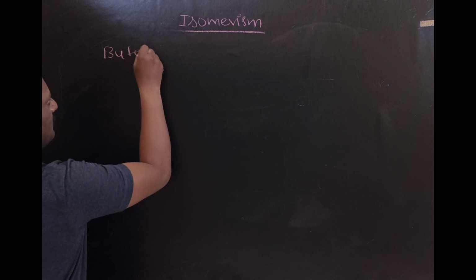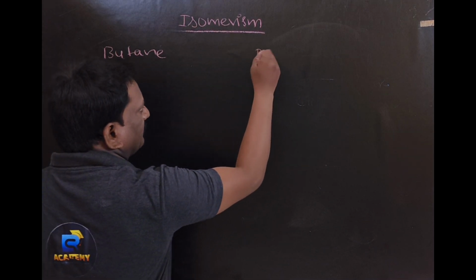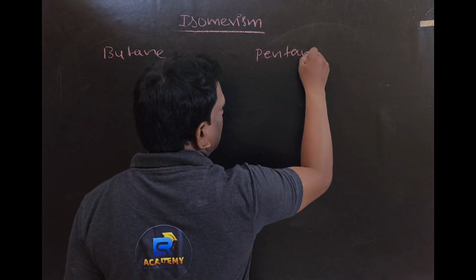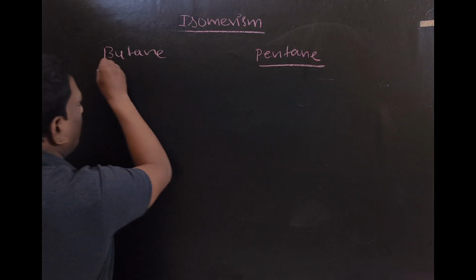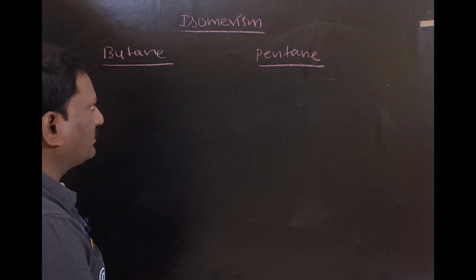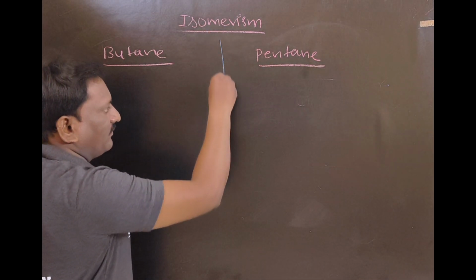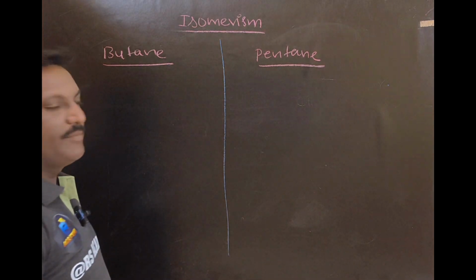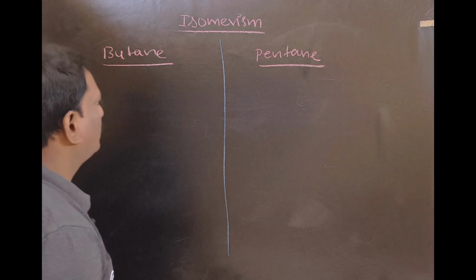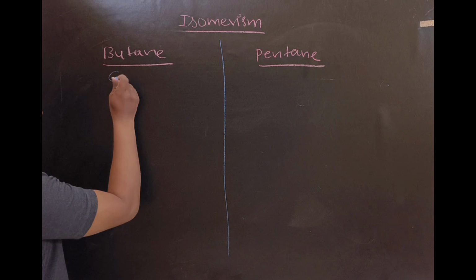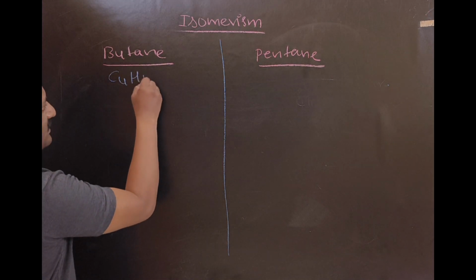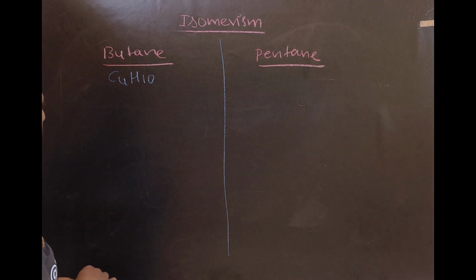Butane and pentane. I would like to give the list of isomers that can be drawn for butane and pentane. Butane formula is C4H10. You will get two isomers.